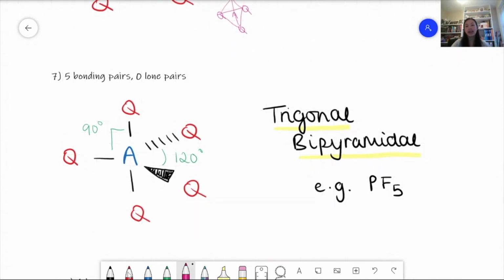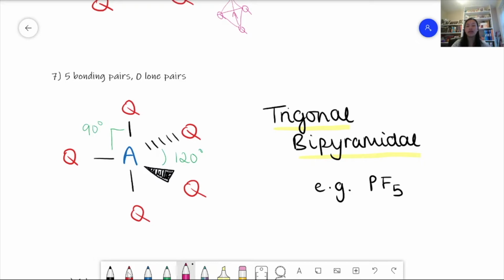The next one we're going to look at is 5 bonding pairs and 0 lone pairs. So what this looks like is basically 2 triangular pyramids stacked on top of each other, one upside down and the other one upright. So this angle here is 90 degrees just because of the way it's shaped, and because this bit is the planar bit, the triangular bit.